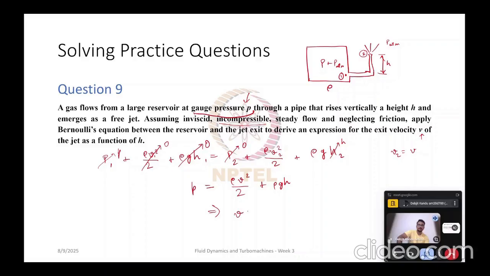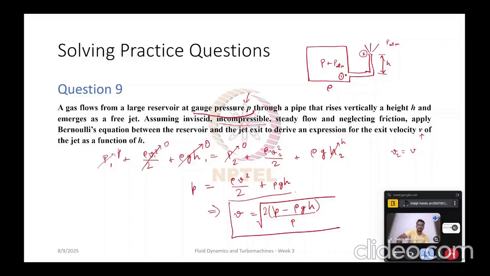And if I solve for V, that should be p minus rho g h, divided by rho, multiplied by 2, and this whole thing has to be taken as square root of.